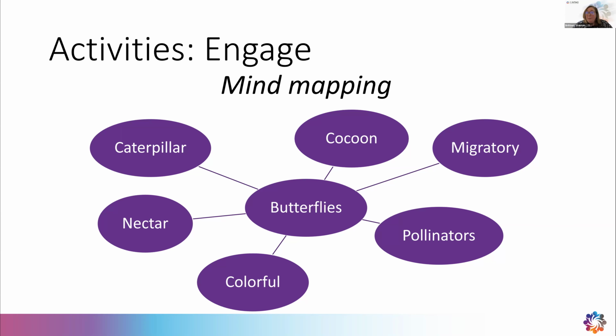And I'm sure there's a million and one other things you can add to this mind map, but you can hopefully start to see how this can get kids excited about the subject. And I love all the suggestions in the chat, right?